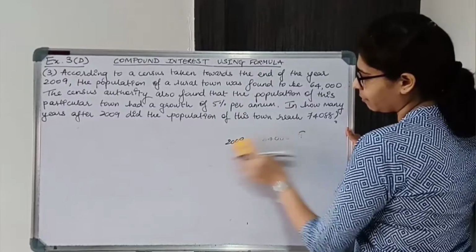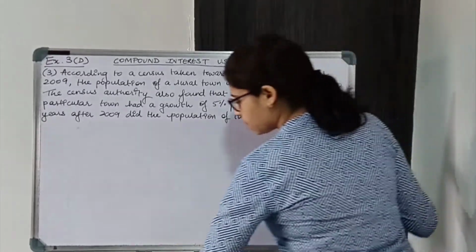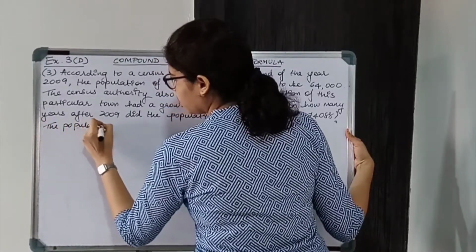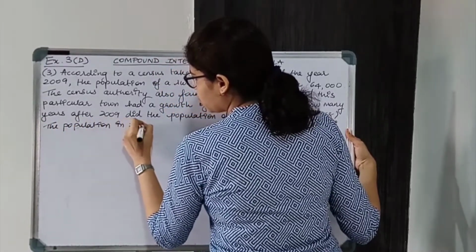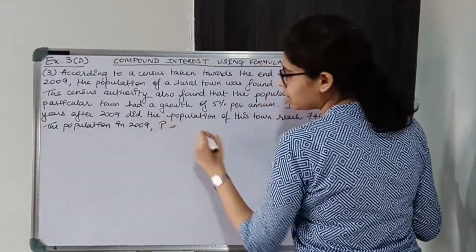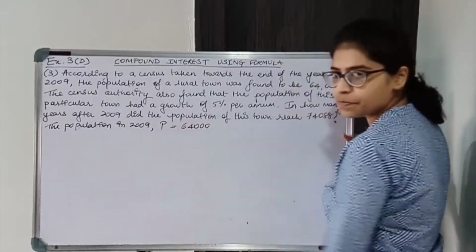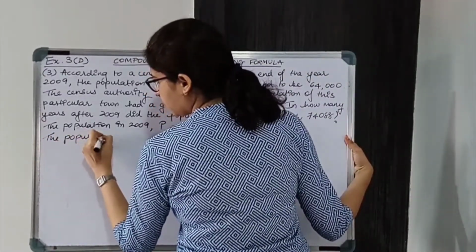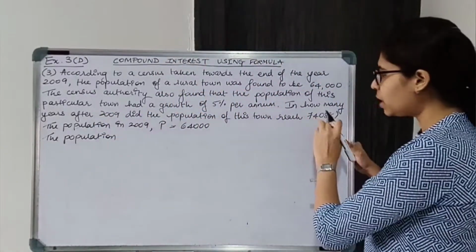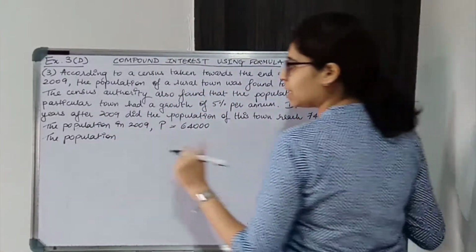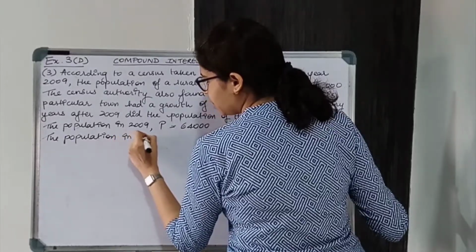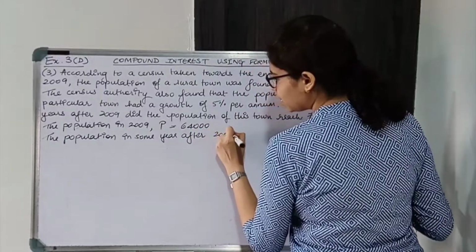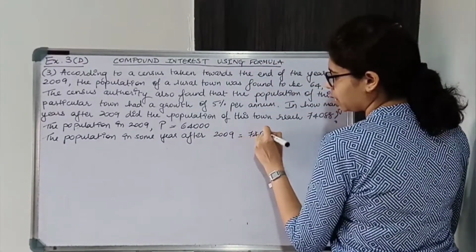So we are told the population in 2009, that is principal, is 64,000. The population in some year, some year after 2009, is this much. So just write down the population in some year after 2009 is 74,088.